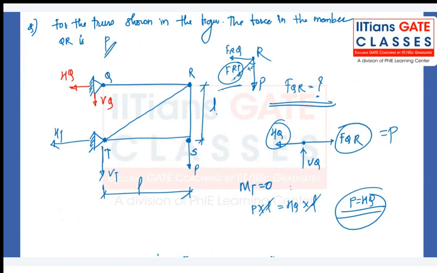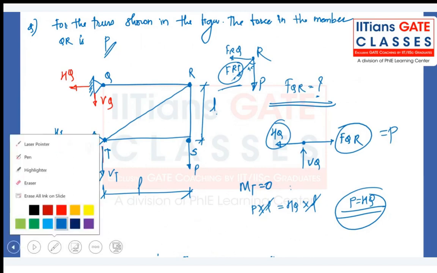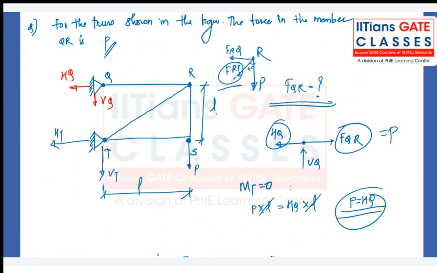So we are not considering HT anywhere in the calculation. Don't get confused by the direction. Someone may ask why HQ is kept in the leftward direction. Can I take it in the rightward direction? Yes, you can. But see what will happen. You take moment about point T and equate it to 0. P into L plus HQ into L has to be equal to 0.